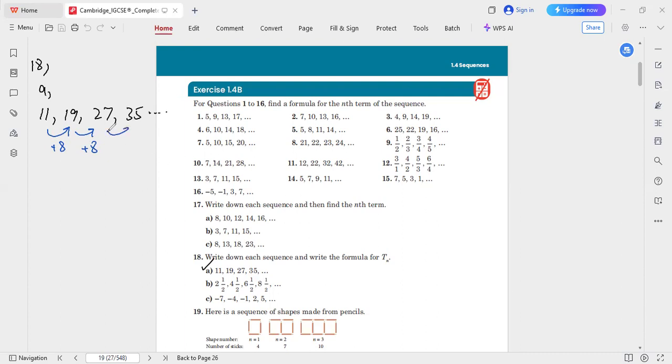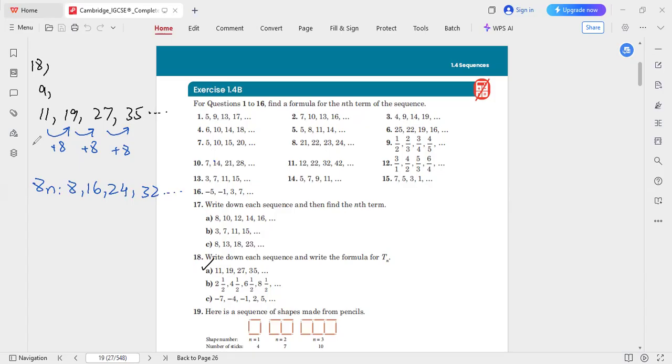And in 27 as well, I need to add 8 to get 35. It means that I need to go on with 8n as my next sequence. So that will be 8 1 times 8, 8 2 times 16, 8 3 times 24, and 8 4 times 32, and so on.